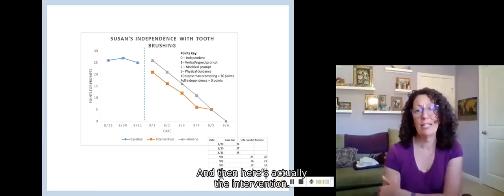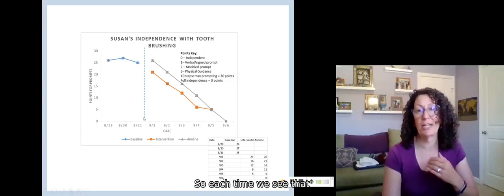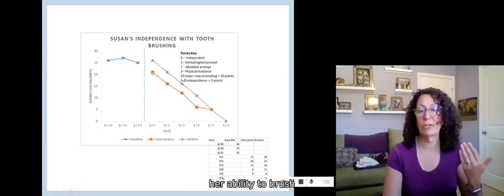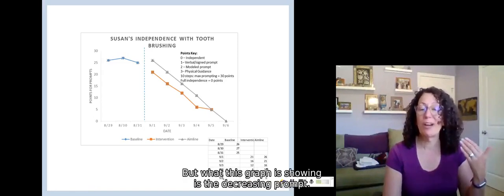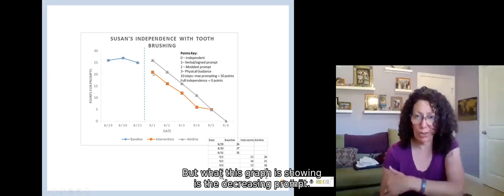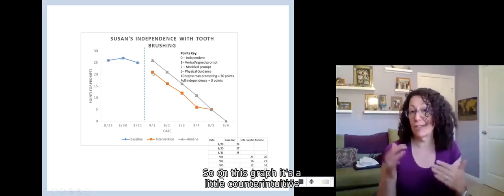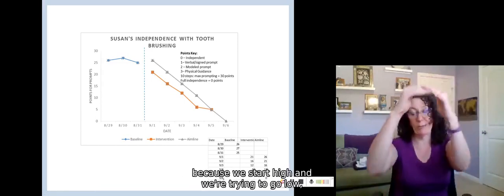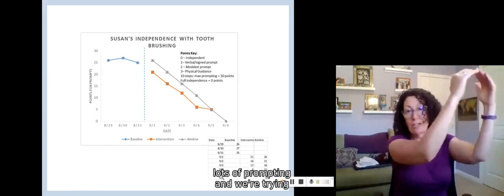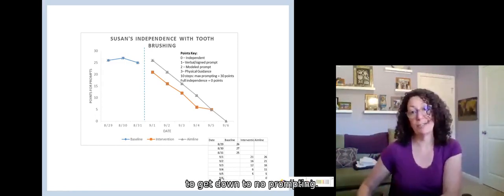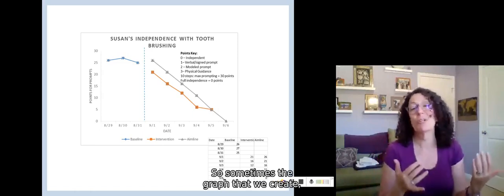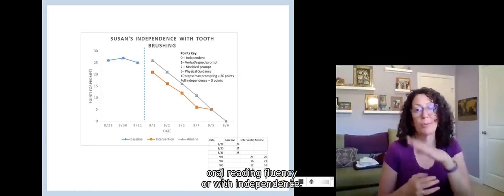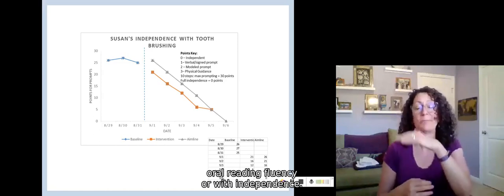And then here's actually the intervention. So each time we see that her ability to brush her teeth independently is increasing. But what this graph is showing is the decreasing prompts. So on this graph, it's a little counterintuitive because we start high and we're trying to go low. Lots of prompting, and we're trying to get down to no prompting. So sometimes the graph that we create, we want it to go up, like with oral reading fluency or with independence.